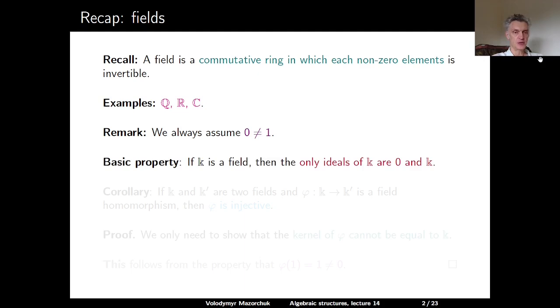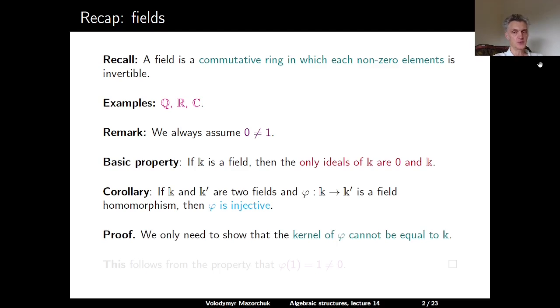A very basic property of a field is that any field has only two ideals, the field itself and the zero ideal. One consequence of this is the following claim: if K and K prime are two fields, and phi is a field homomorphism from K to K prime, then phi is injective.